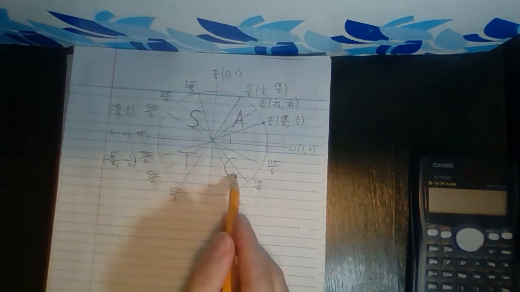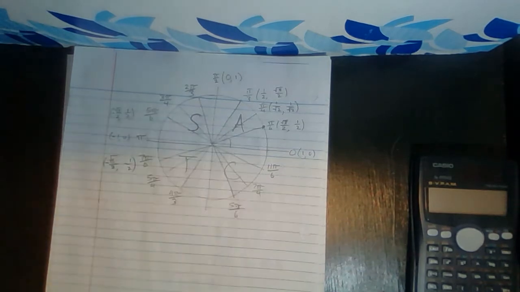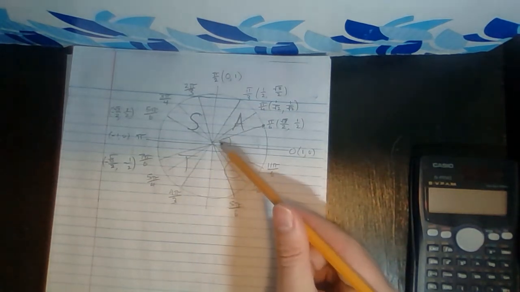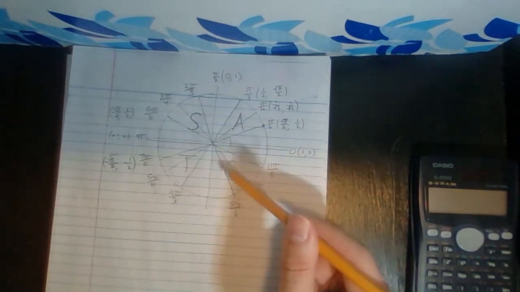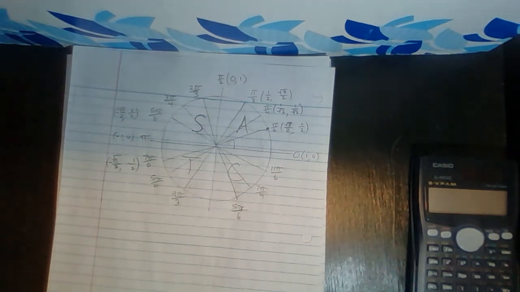In this quadrant, our cosine values, so all of our x values, are positive, and because we're below the x-axis, sine is negative here, so all of our y values are going to be negative. So we're going to use this to help us graph the sine function.